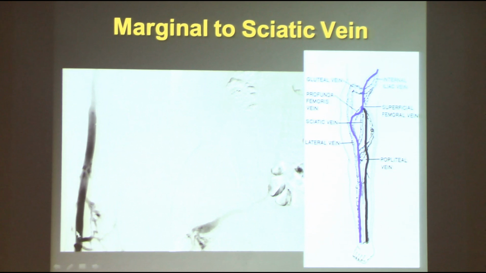Now, we have a marginal vein here, but instead of crossing over to the femoral vein, it's crossing over at the level of the buttock and going behind the hip and up into the normal drainage. Here it is on the diagram, going behind the hip, but joining the iliac system.